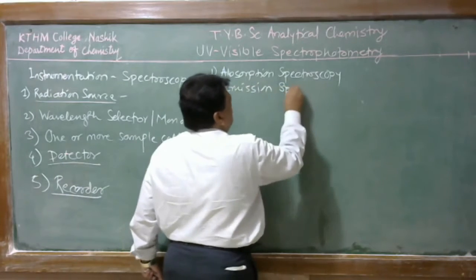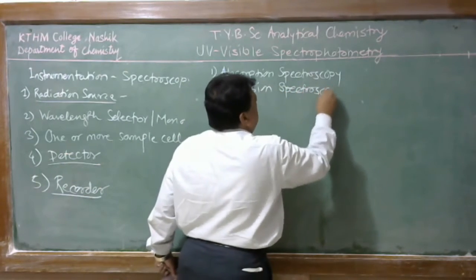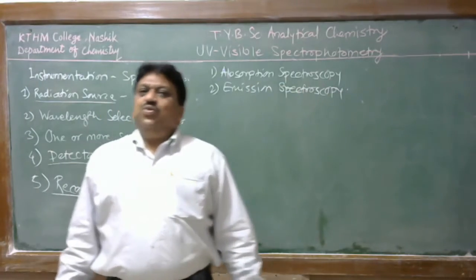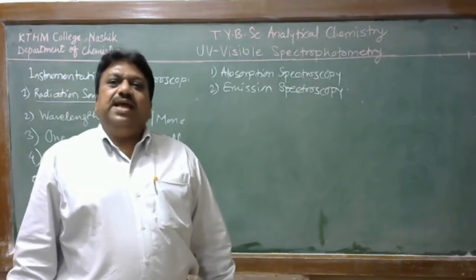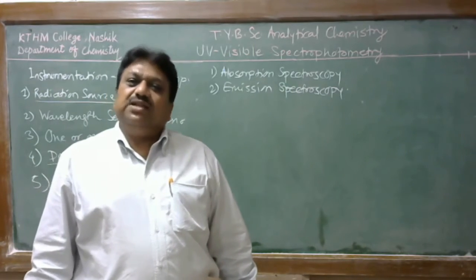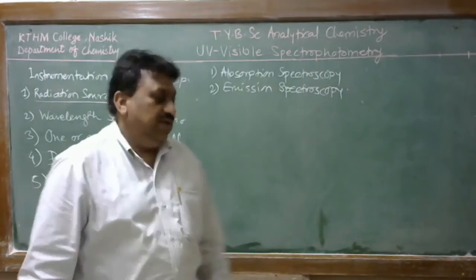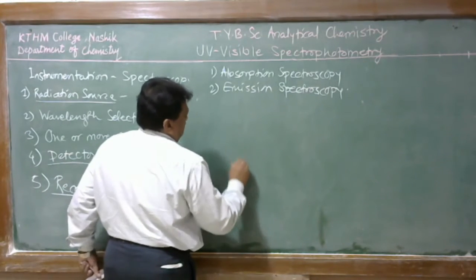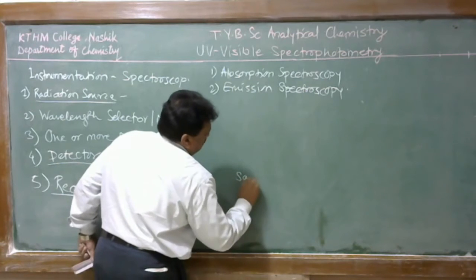In emission spectroscopy, the radiant power emitted by the sample is measured. Therefore, the arrangement of the instrumental components is a little bit different. Here there is first a source.